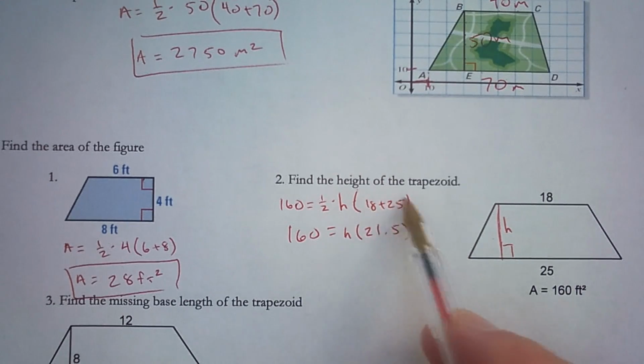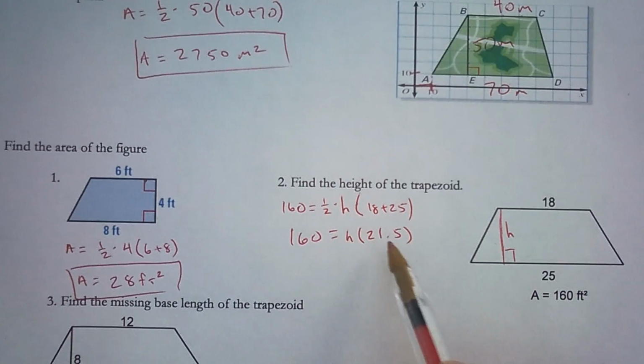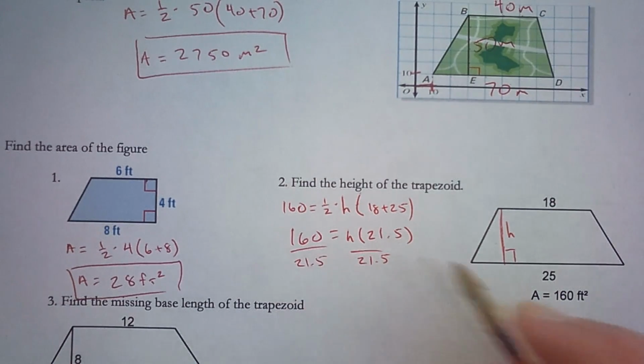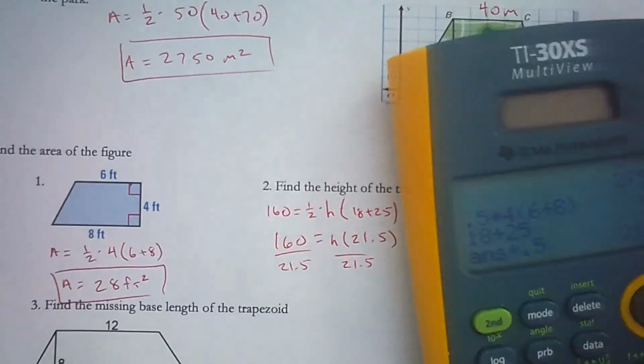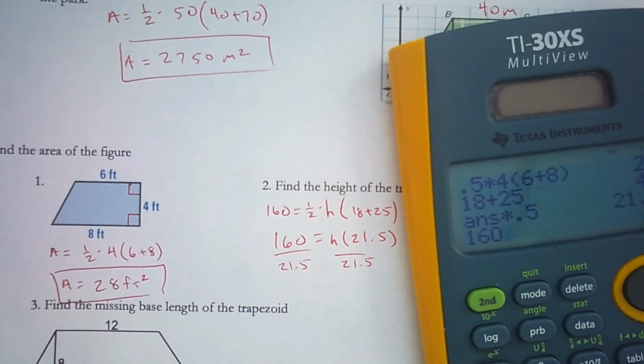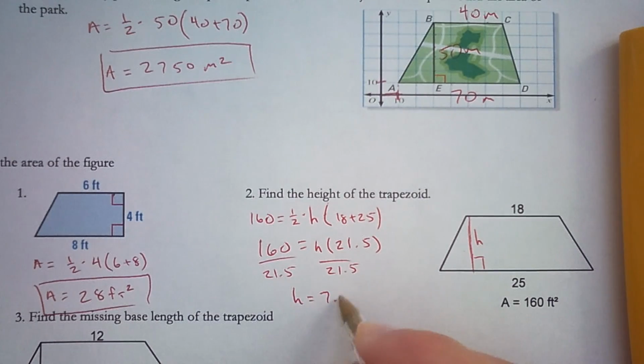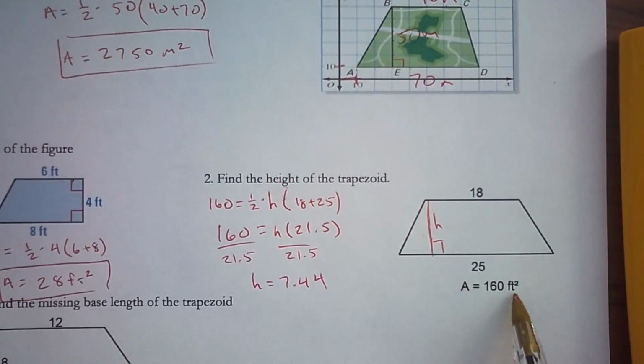Okay, so that's adding 18 and 25 and multiplying by half, we get 21.5. So now we can divide by 21.5 on both sides. And we get the height is 7.44. And that is in feet.